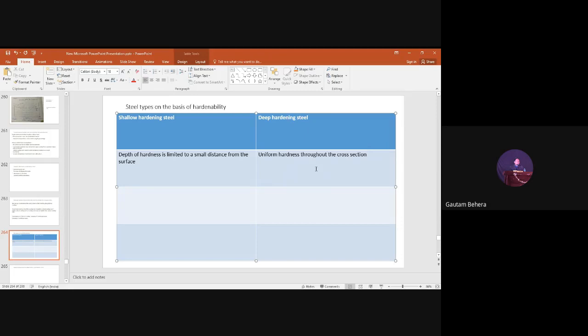So deep hardening is actually a property of that steel. That is the nature of that steel. It will automatically form martensite throughout the cross section, right? Or I can write, it forms martensite everywhere.